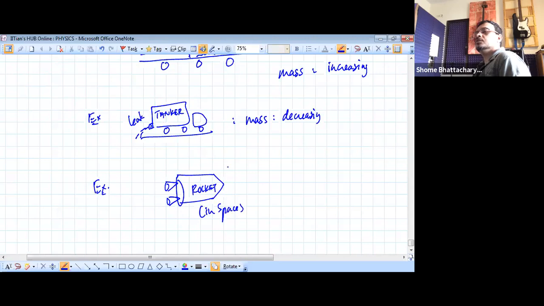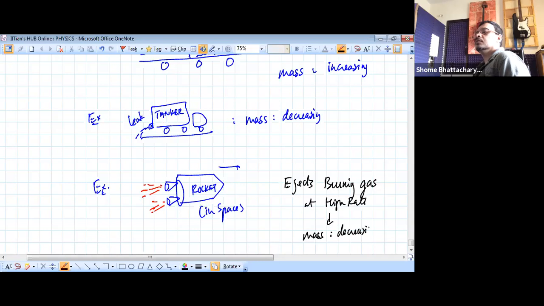A rocket going in outer space, it's not affected by gravity. So it is throwing out burning fuel at a very fast rate. So this ejects burning gas at a very high rate. So again, its mass is decreasing with time. So these are all examples of variable mass systems.